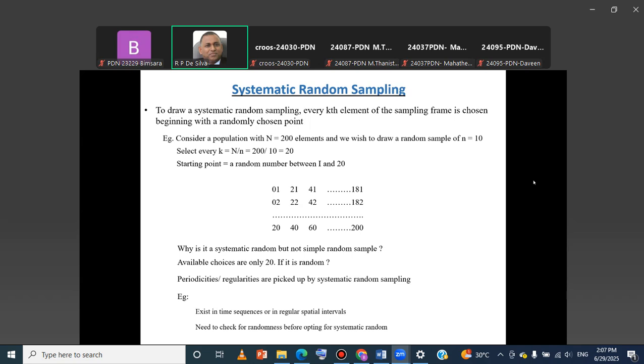Now, suppose you have an area 20 by 10 according to this, right? 20 by 10 areas, 200 areas. So what we do is we cannot go and look at all 200.